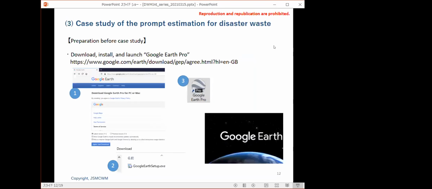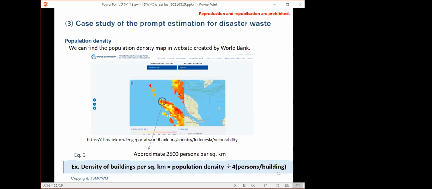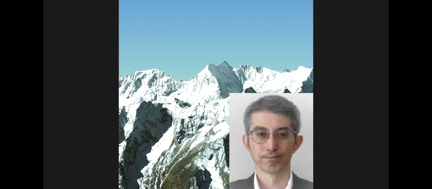Okay, so before going to the next slide, I will try to show, by using the browser, counting the population density or the building density.